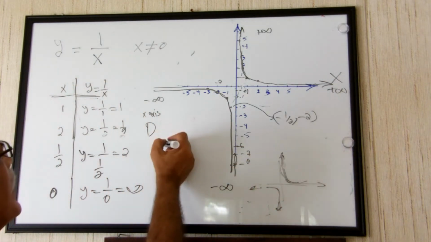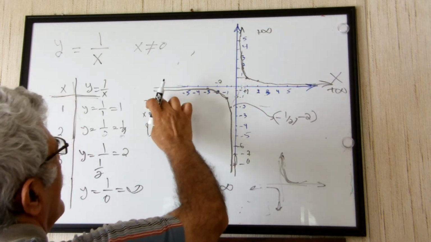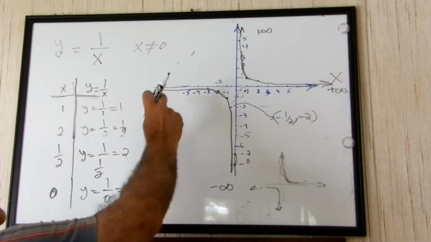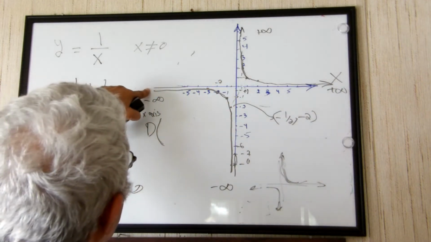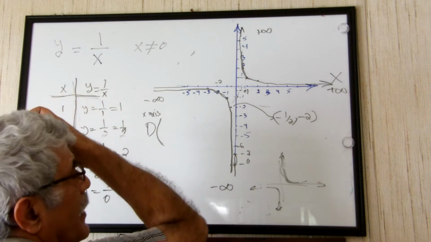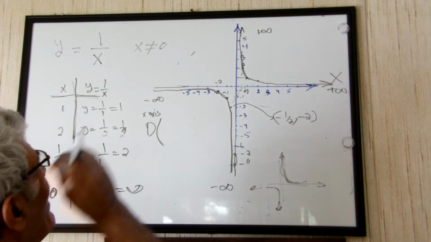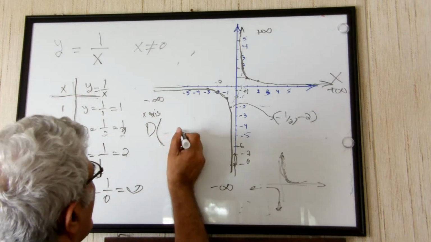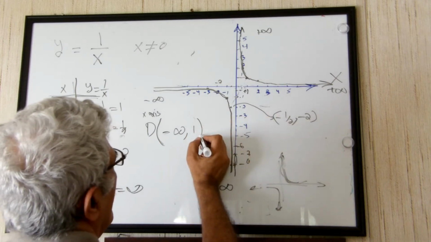So we say the value of x can be, we can give minus 100,000, you know, whatever, minus a million, we can get this value for y. So the domain means all the values of x that this function can take. So from infinity, the lowest number is minus infinity. Minus infinity up to 1. Up to 1, 1 is not included.